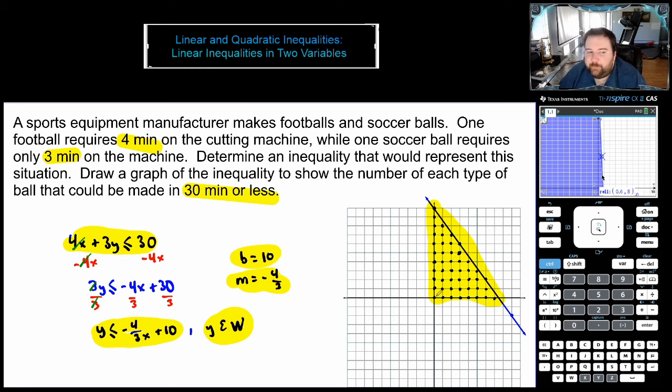So for example, our x was footballs, so we could make 3 footballs and 4 soccer balls, but we can't make 3.2 footballs, right? So that's where you're going to be stippling. This is what your graph should look like. Only quadrant 1, and we cannot exceed 30 minutes, so it's at or below your boundary there.